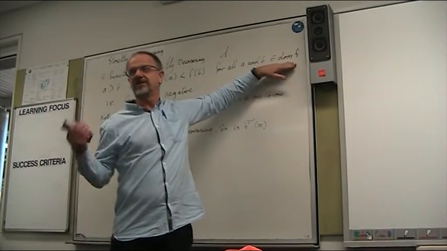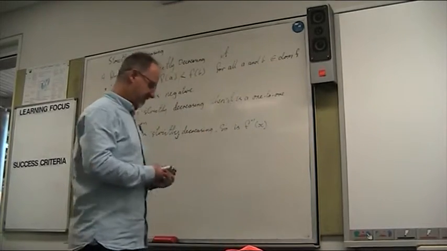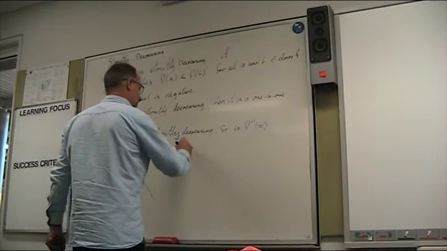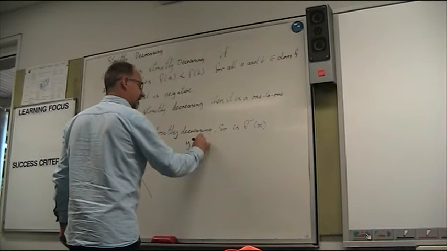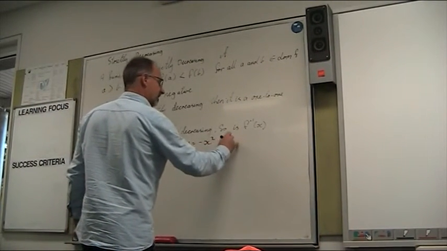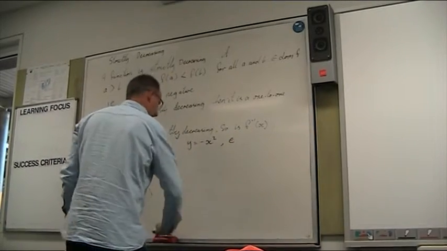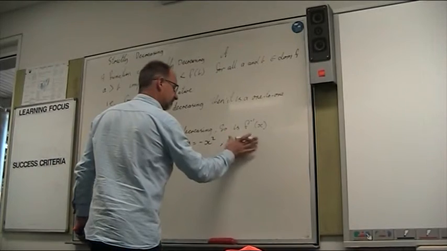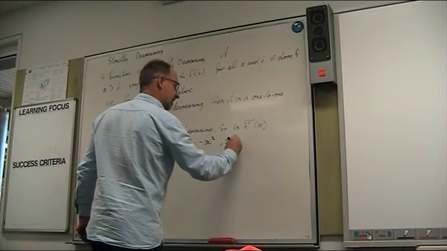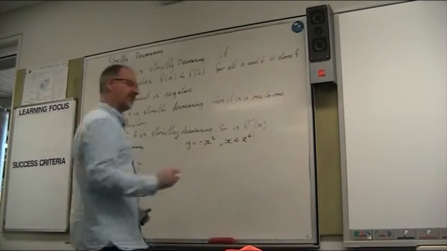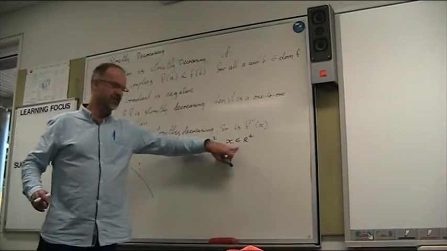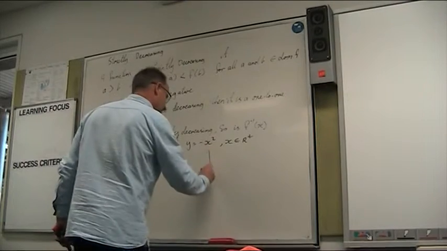So if we restricted the domain, for example, if we're going y equals negative x squared, where x is an element of R positive, now we've restricted our domain.